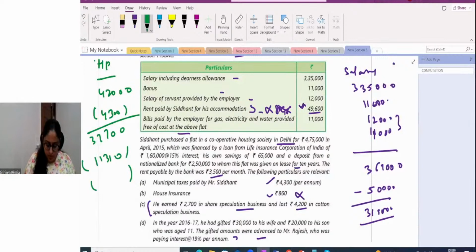Let it be. Okay. 1,60,000 का 15%. 24,000 सबका आ गया. Sorry. My bad. So total your income from house property comes to, reduce it, 2,390.